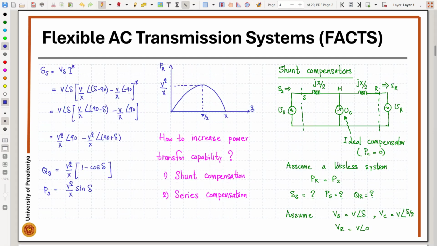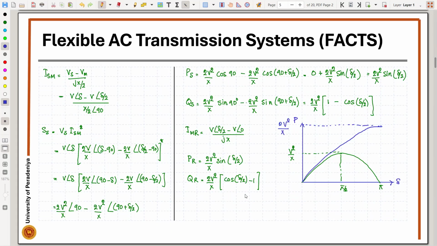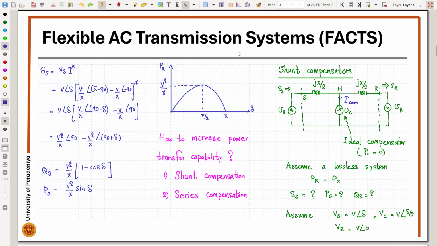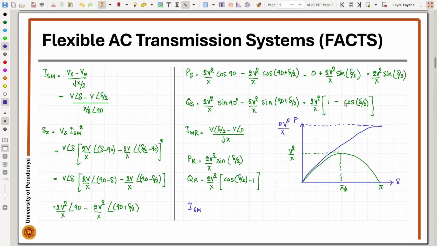If I assume that the compensator is providing current flowing into the circuit, we can write that the compensator current is equal to the current from the middle point to the receiving end minus the current from the sending end to the middle point.